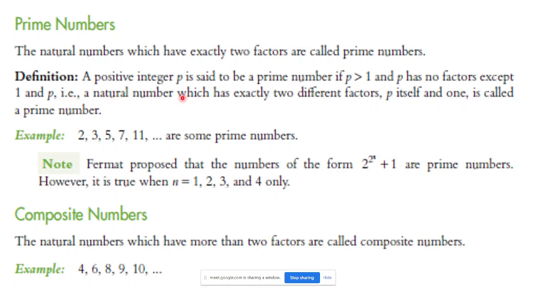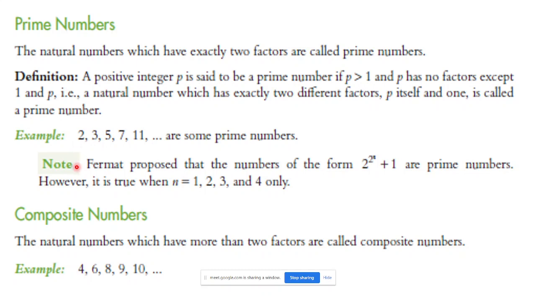That is, a natural number which has exactly two different factors, p itself and 1, is called a prime number. This is the definition of a prime number. For example, 2, 3, 5, 7, 11 etc. are some prime numbers. There are infinitely many prime numbers. The first and foremost prime number is 2.